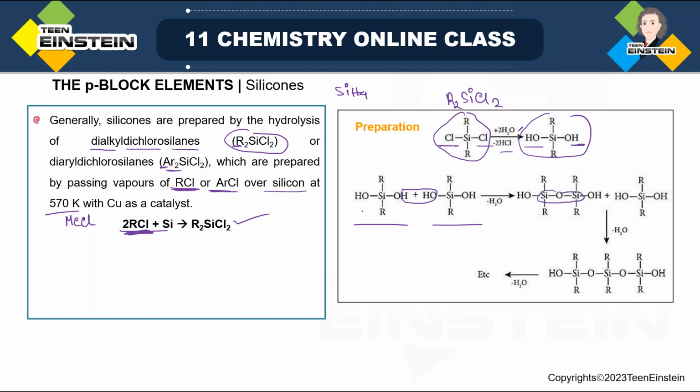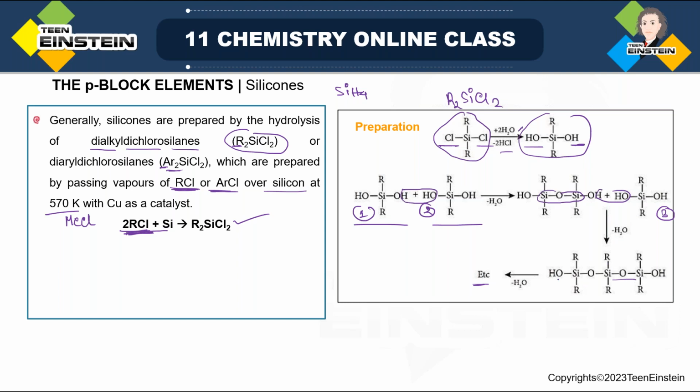Suppose this is number 1, this is number 2. Now you have also taken a third molecule. Again one water molecule is removed, another Si-O-Si linkage. So in this way you can continue the process, right? But suppose you want to block the chain somewhere. What will you do? Now you have to treat it with R3SiCl.